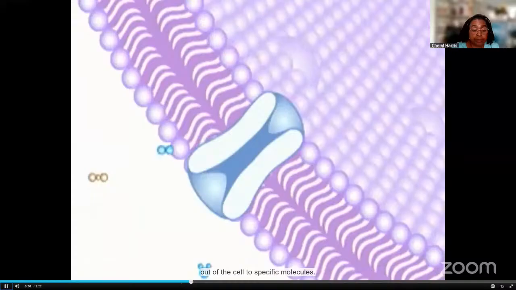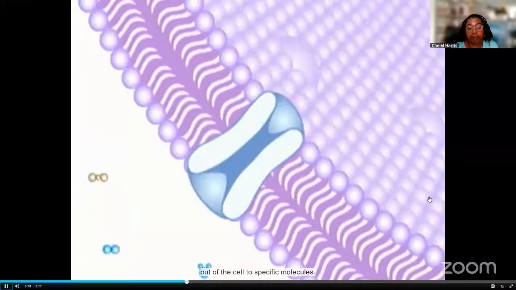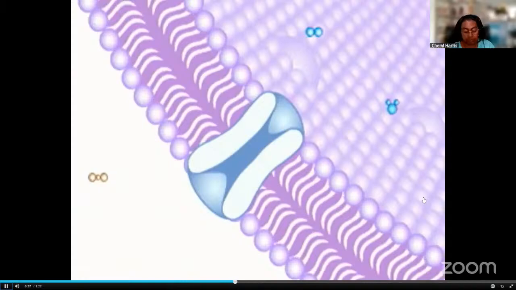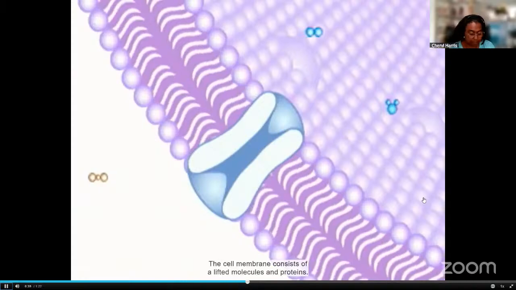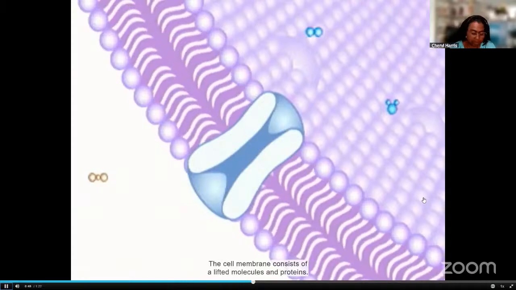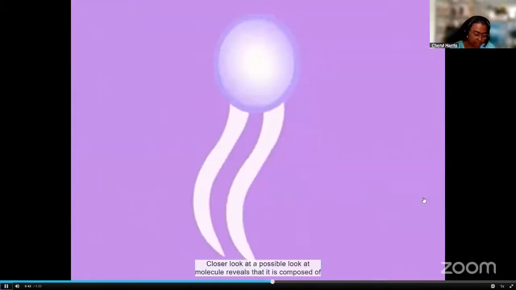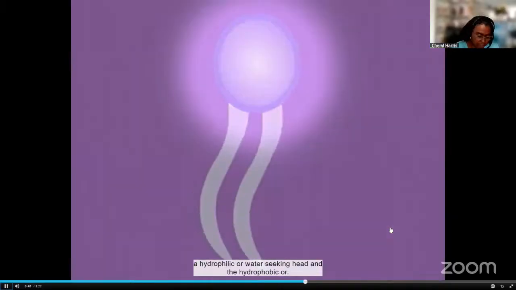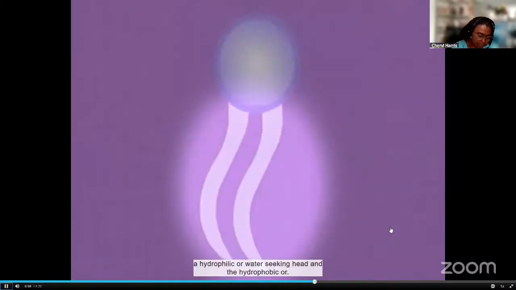It allows specific molecules into and out of the cell. It, in essence, acts as a gatekeeper. The cell membrane consists of phospholipid molecules and proteins. A closer look at a phospholipid molecule reveals that it is composed of a hydrophilic or water-seeking head and a hydrophobic or water-repelling tail.